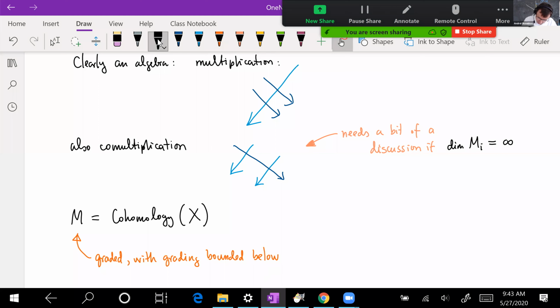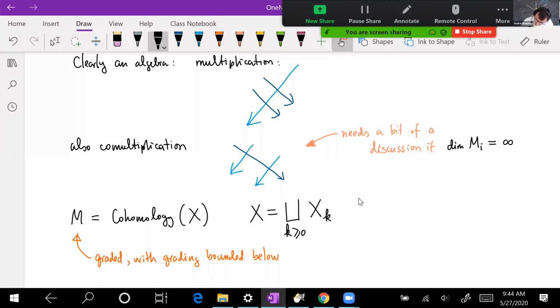The way it will be apparent is that our space X will in fact be a disjoint union over K, let's say non-negative, of spaces X_K. So it will be trivially just cohomologies of different pieces, which will be different graded pieces, and the grading will be bounded below because the space is empty after.